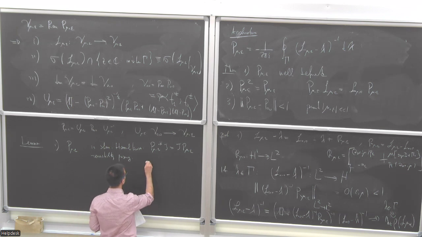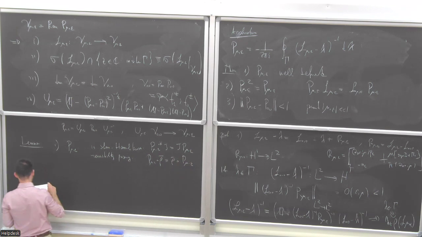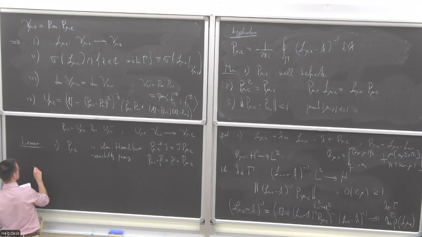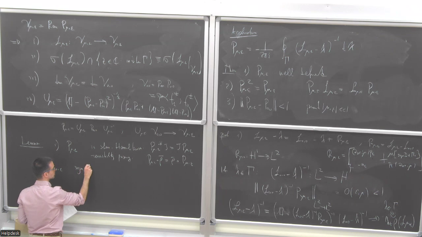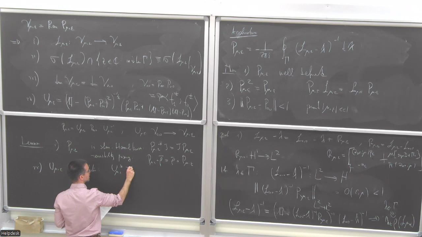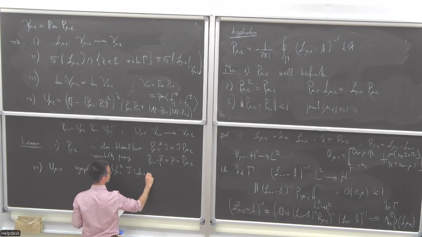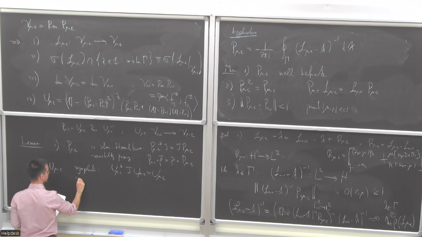Okay, so P mu epsilon is reversibility preserving, meaning that P mu epsilon composed with rho bar composed with P mu epsilon. And the second property, what about U? So U mu epsilon is symplectic: U mu epsilon star J U mu epsilon equals J, and reversibility preserving.